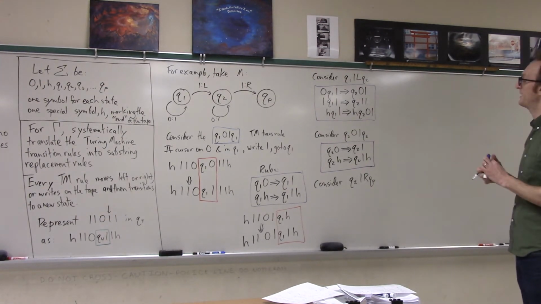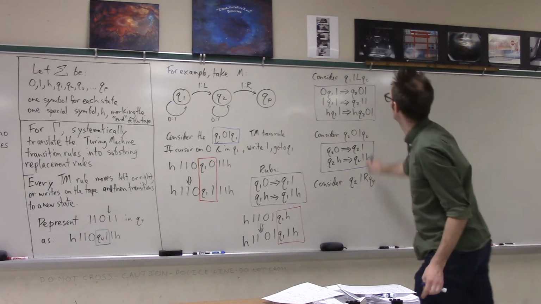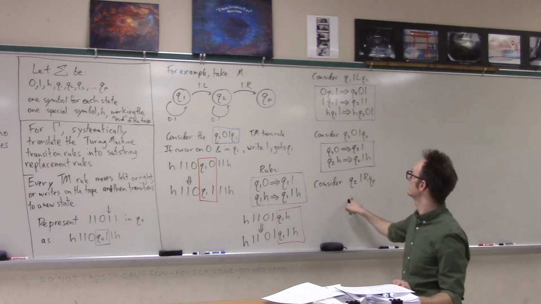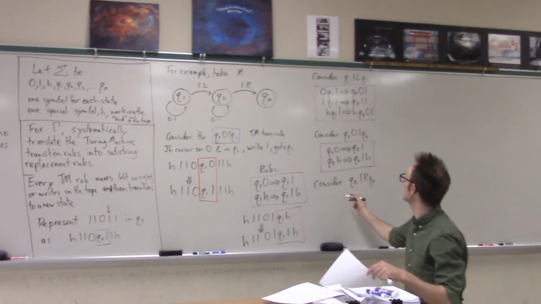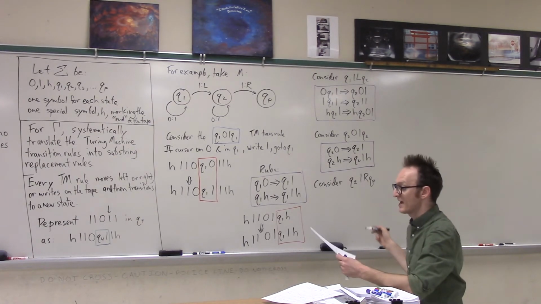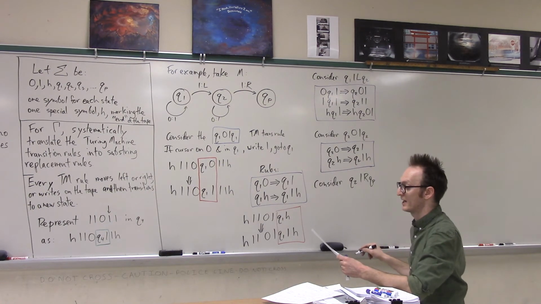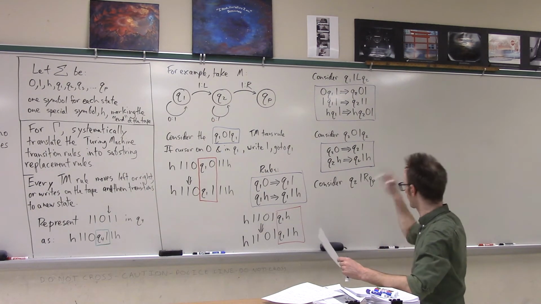Q2 1 R Q P. This is very similar to this one. This is getting a little technical and maybe repetitive. But now if I'm moving right, I need to consider what was to the right of me.